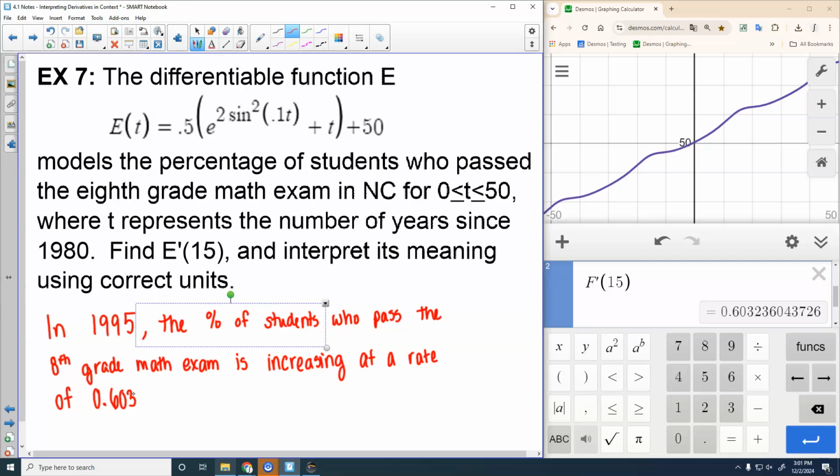It is per year, but it's not just the number of students. It's the percentage of students per year. So at a rate of 0.603% per year.